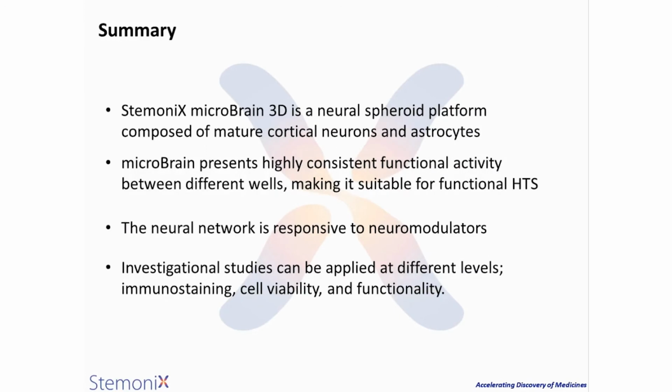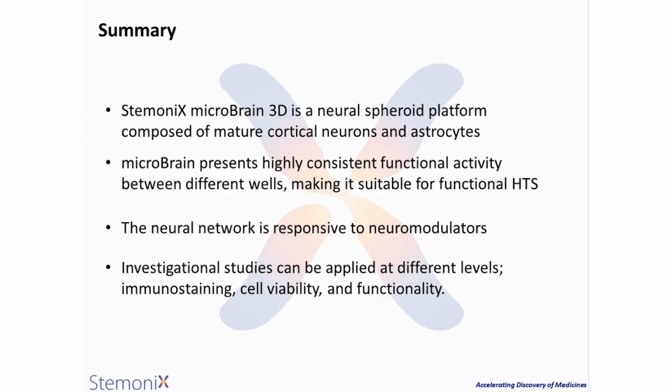So in summary for this webinar, what I hope I showed you today is that the microBrain 3D is a neurospheroid platform composed of mature cortical neurons and astrocytes. They present highly consistent functional signal between the different wells, which makes it suitable for high-throughput screening. The neural networks are responsive to neuromodulators, and we don't need to activate that signal.